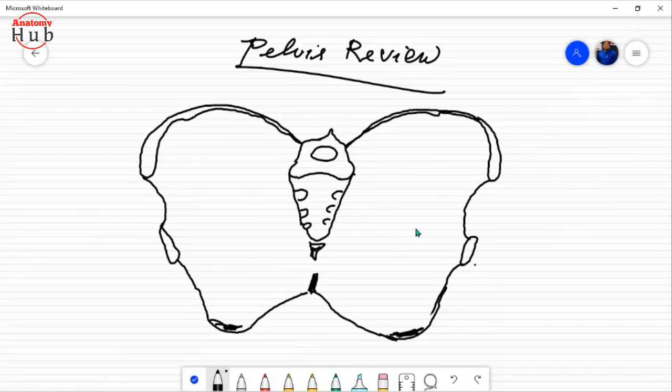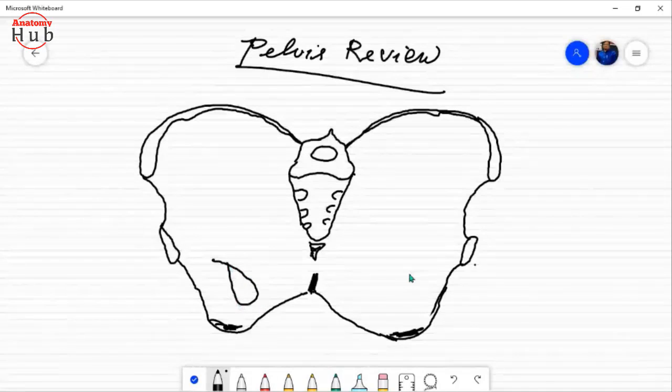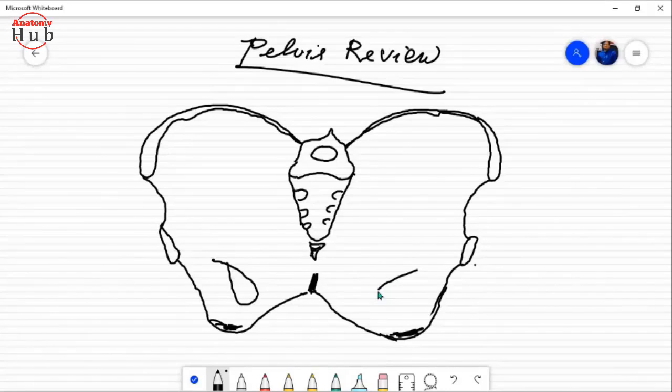And at this point you will find the presence of your obturator foramen, right? As you can see here, and here also you will find the obturator foramen.